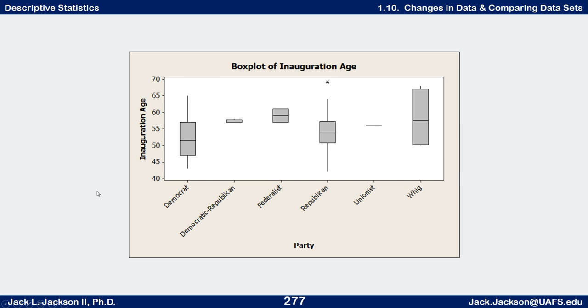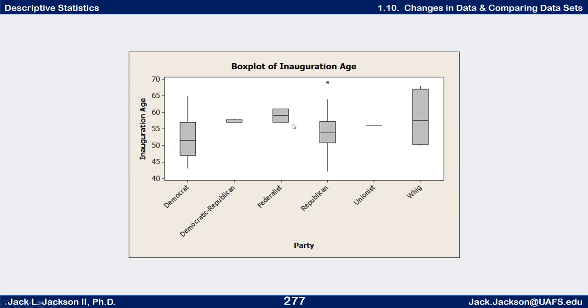So here is a set of box plots for these presidents at inauguration age, at their first inauguration, by party. Now, some of these are not very useful. For example, the Unionists, there's only one candidate there, and the Whig Party, there's just a few there, and just a few of the Federalists, a few more of the Democratic Republican.